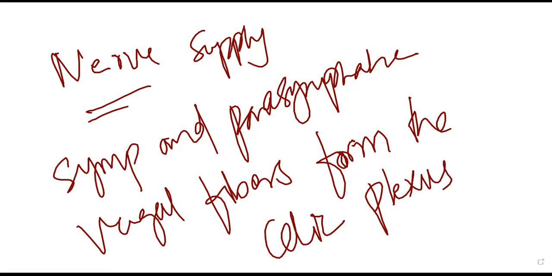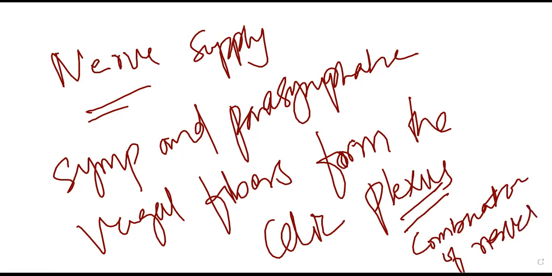And a plexus is the combination of nerves. So these all are about the gallbladder, its blood supply, venous drainage, lymphatic drainage, and arterial supply.